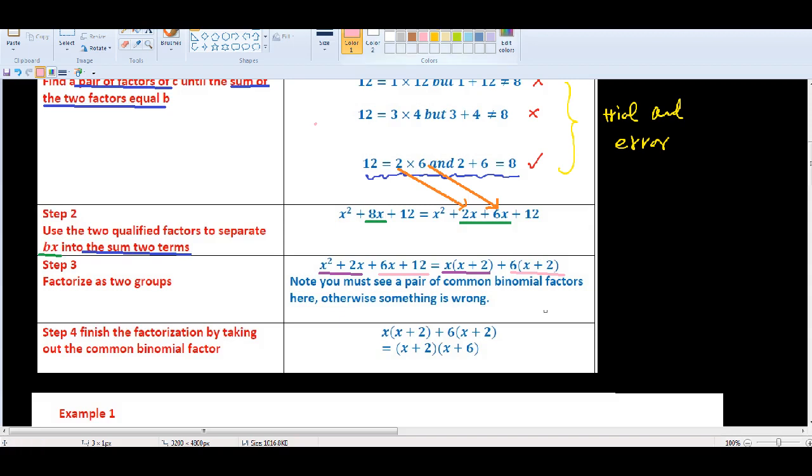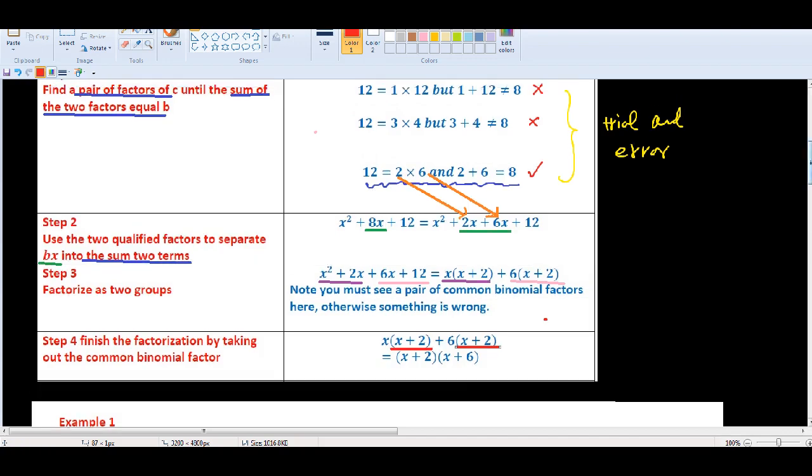So now you got x plus 2 as the common factor of the two terms. You can take that x plus 2 outside and leave behind x and 6 in the bracket. So that's how we've done the factorization.